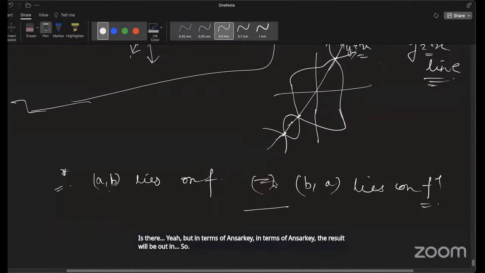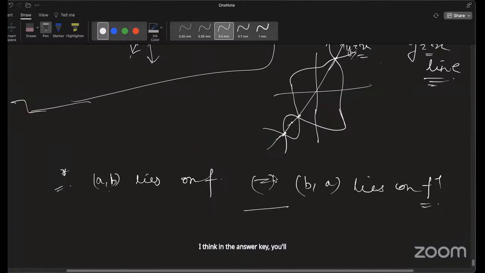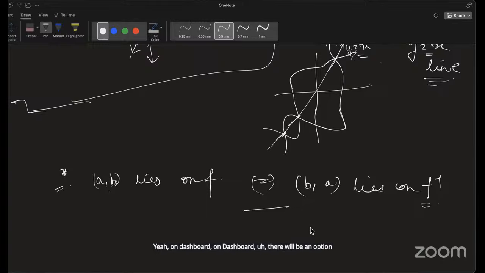I think in the answer key you'll only be given answers. The answer transcript will be given; you can find it in documents for download on the dashboard. From there, you can match your answers. Okay, documents for download.